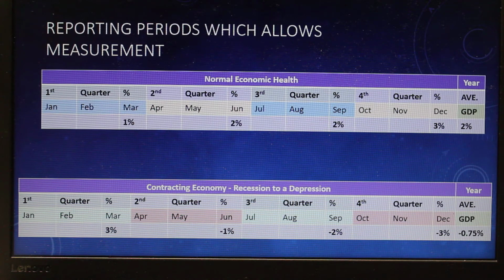When the economy contracts, so that overall we have a negative situation at the end of 4 quarters, it results in a recession or a depression. Because in this instance we have quarters 2, 3, and 4 in decline, we can say that 2 and 3 are a recession, and with 4 added, that's a depression.